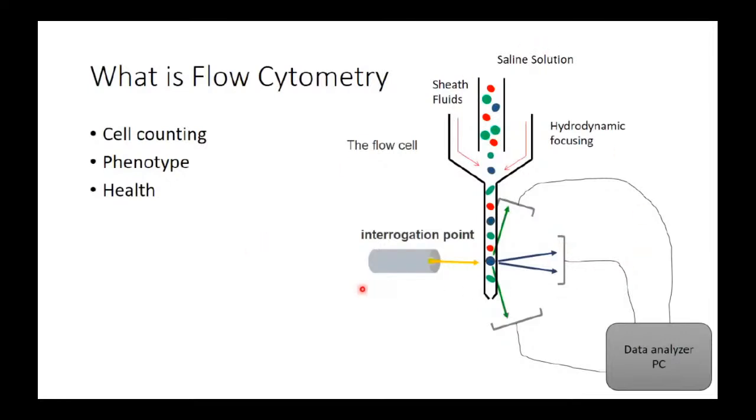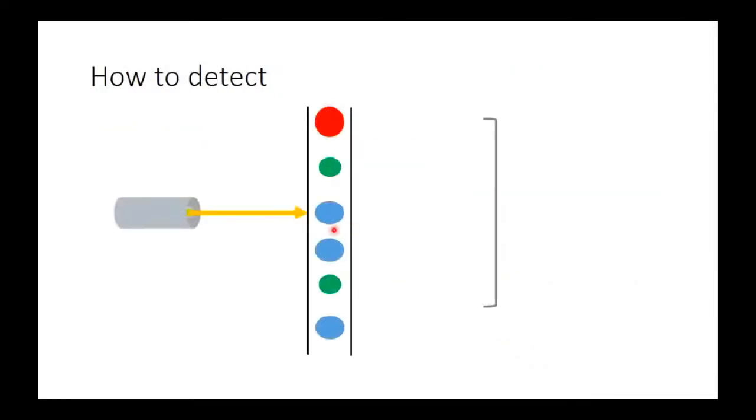Now I'm going to speak in more detail. This is the flow cytometry tube, and the cells pass one by one through the laser beam. When the cells pass through the laser beam, they scatter the light in a forward direction, which is the light scattered in an acute angle.